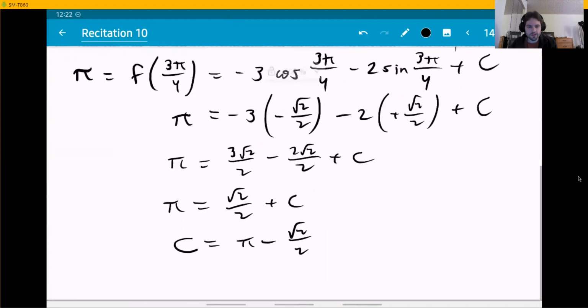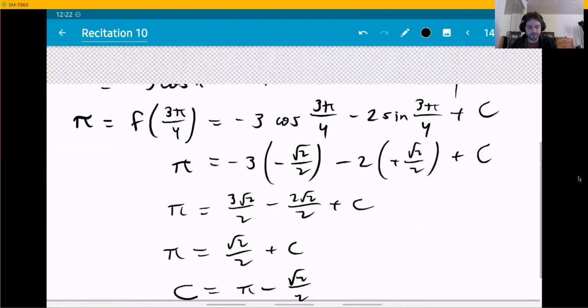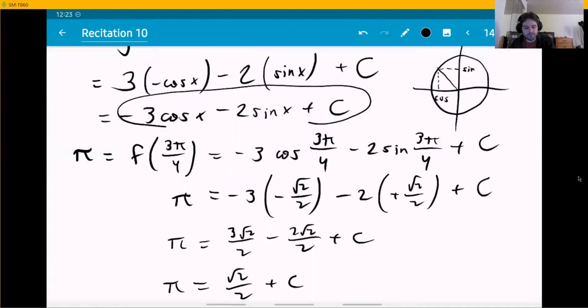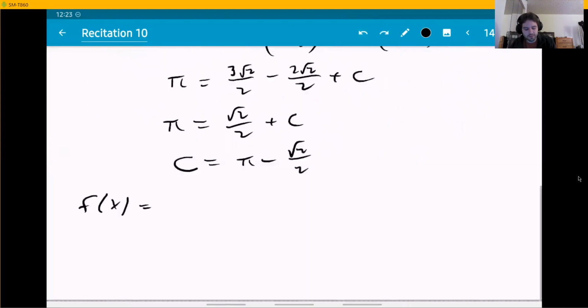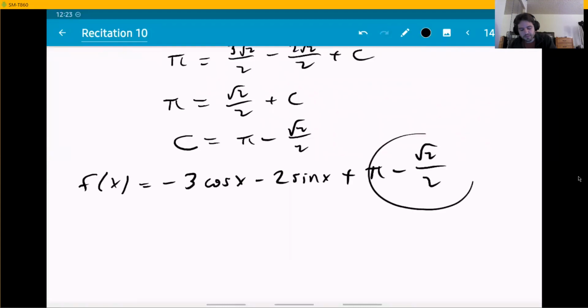Having the value of c, you know what your function must be. Go back to the formula for f of x. It's right here. Minus 3 cosine minus 2 sine plus c. So plus, here's the value of c that we just found. Pi minus root 2 over 2. That's the function.